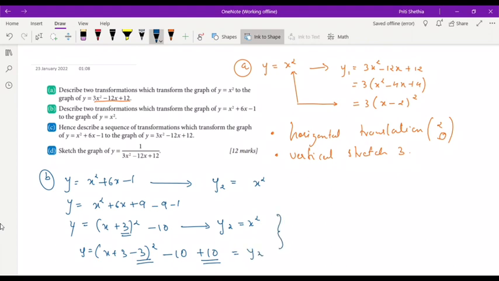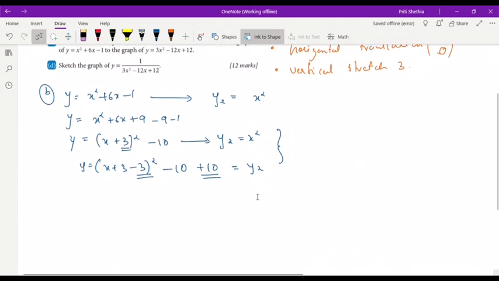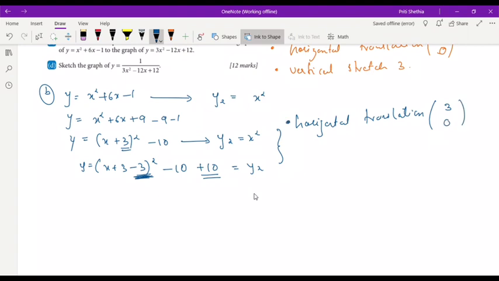So now going from here to here, my two transformations are, first of all, this minus 3 in x, so I have a horizontal translation of 3, that is (3, 0). This was my first thing.